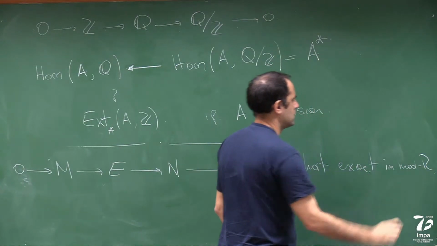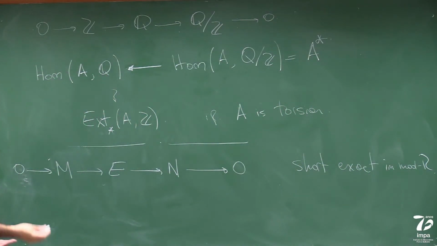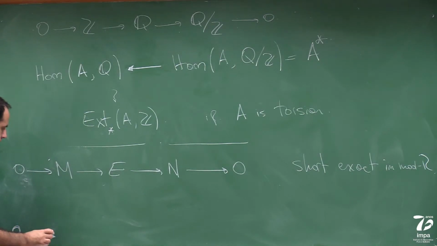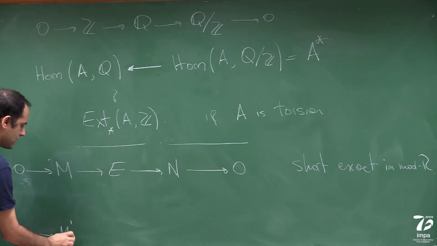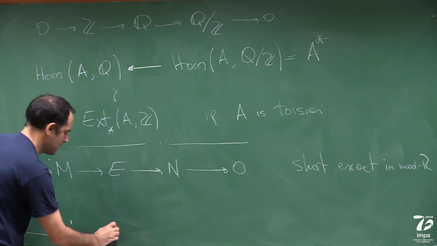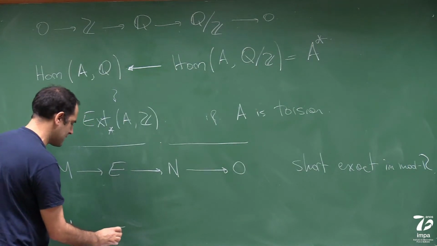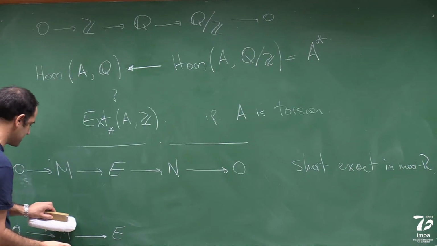Take right R modules, left R modules, it doesn't matter. That's an extension. And I would say that a morphism of extensions is, let me tell you when two extensions are equivalent.